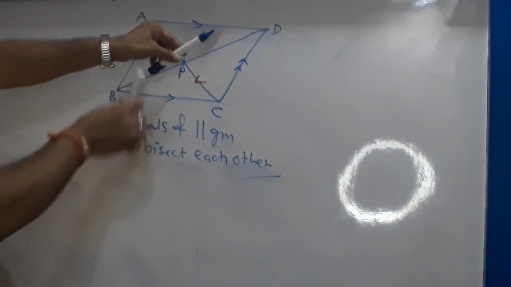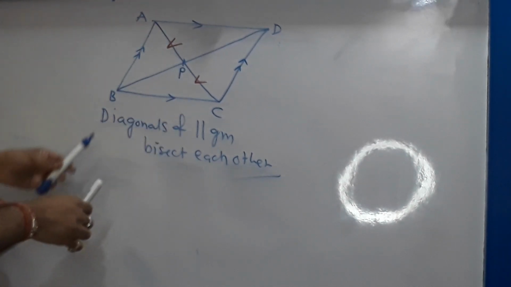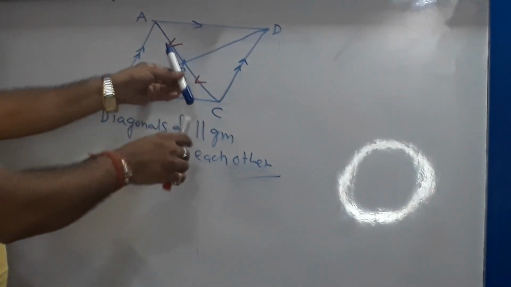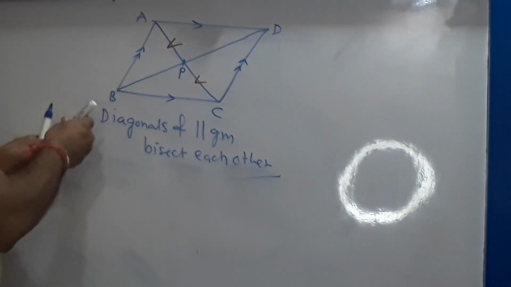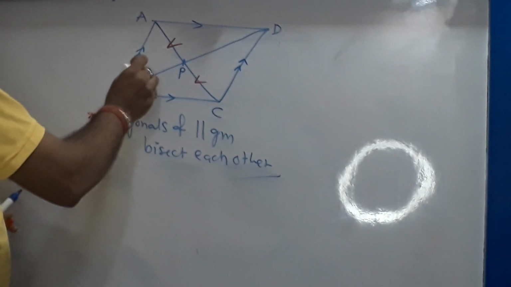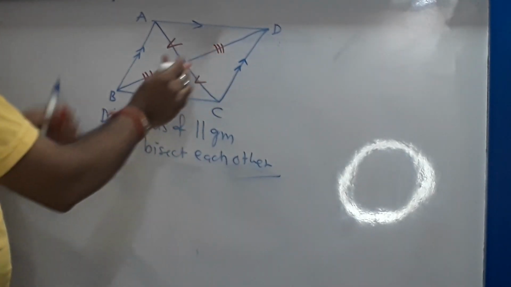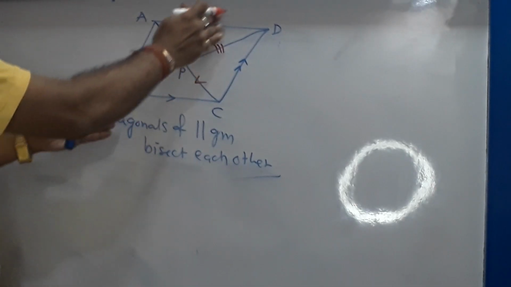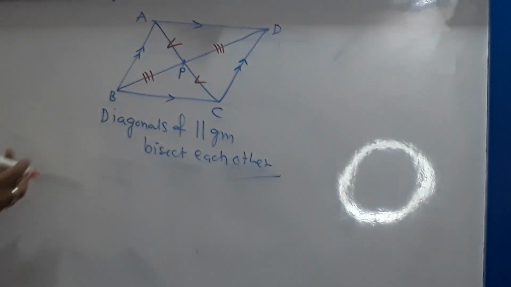Then this diagonal bisects this diagonal, meaning PB is equal to PD. So this diagonal bisects this diagonal and this diagonal bisects this diagonal.